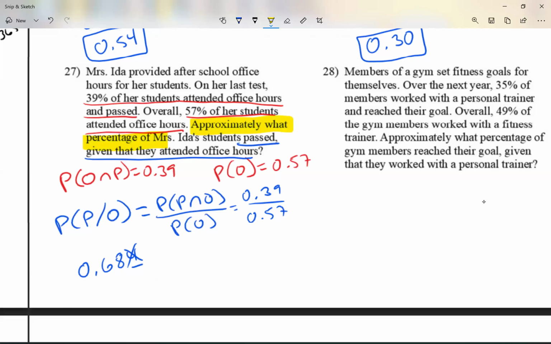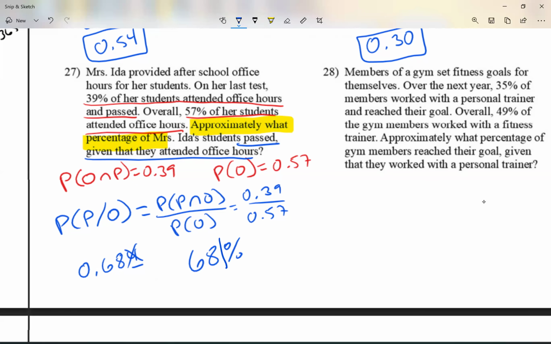Remember, if it was asked, what's the probability, I would have said 0.68. But because I'm asked what's that percentage, let me change this to 68%. But it's okay if you guys just write 68.